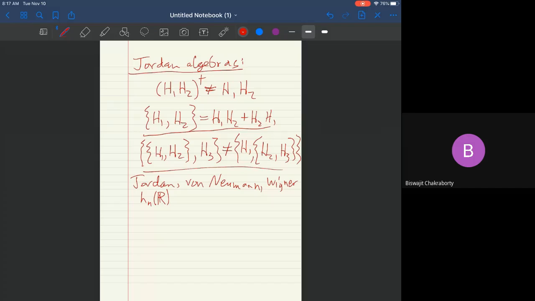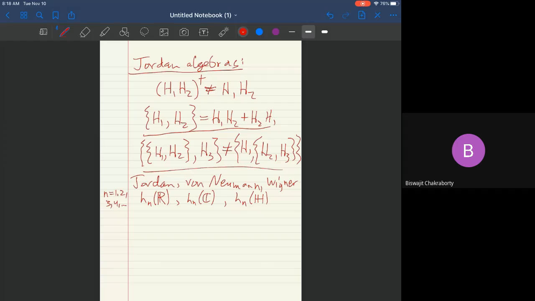That's one infinite family of Jordan algebras, infinite because n can take on any value, 1, 2, 3, 4, etc. Or you could take the n by n Hermitian matrices with complex entries, or the n by n Hermitian matrices with quaternionic entries. Those are the infinite normal families.